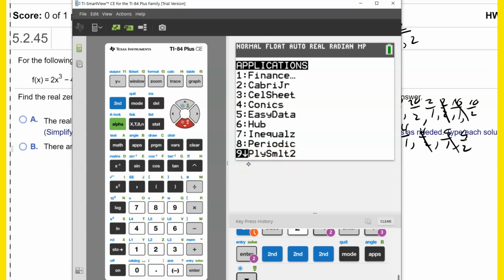Hopefully you have that app on your calculator. The newer ones probably will. The older ones, there's a chance they might not. You can download it if you've got a connector for your calculator. You can download that app from the TI website, or even from another classmate's calculator, if you got a connector that connects 2 calculators together.